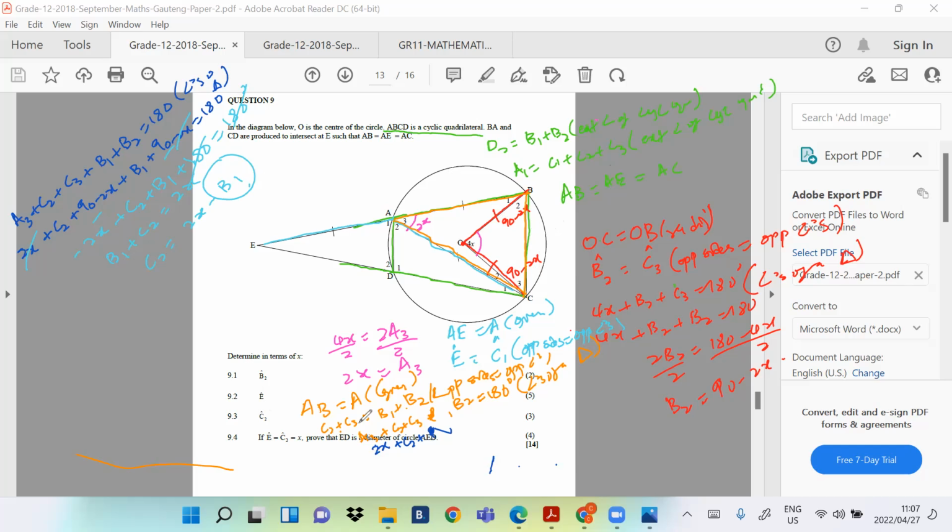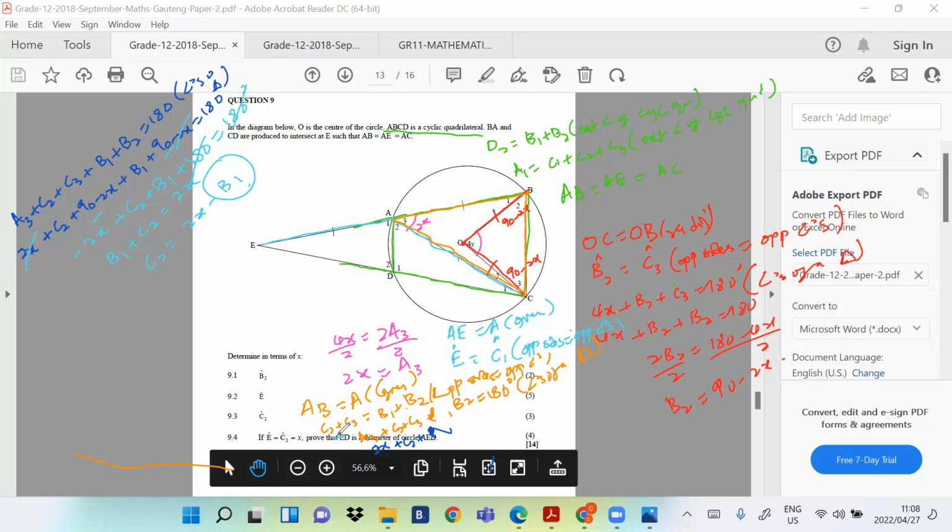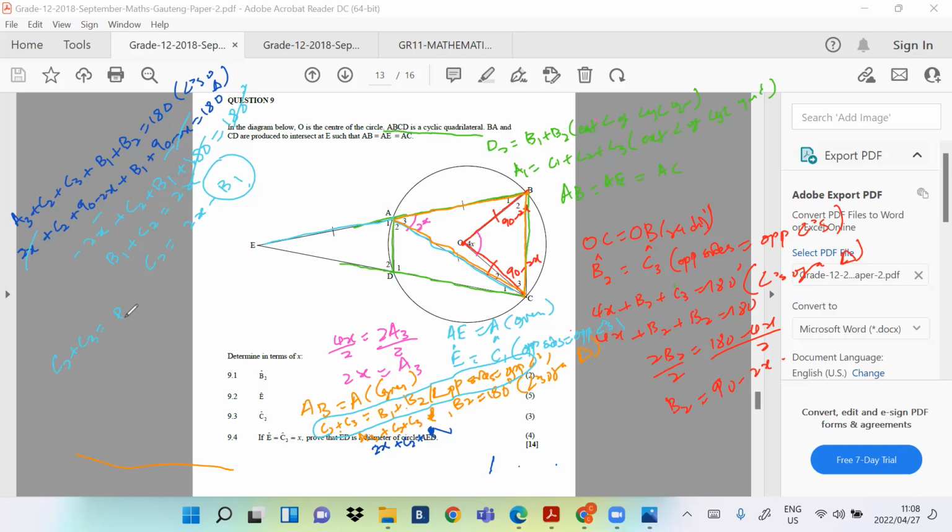But we also said opposite sides equal opposite angles, and C2 plus C3 is equal to B1 plus B2. C2 we don't know, but C3 was 90 minus 2x. B1 we don't know, and B2 was 90 minus 2x.